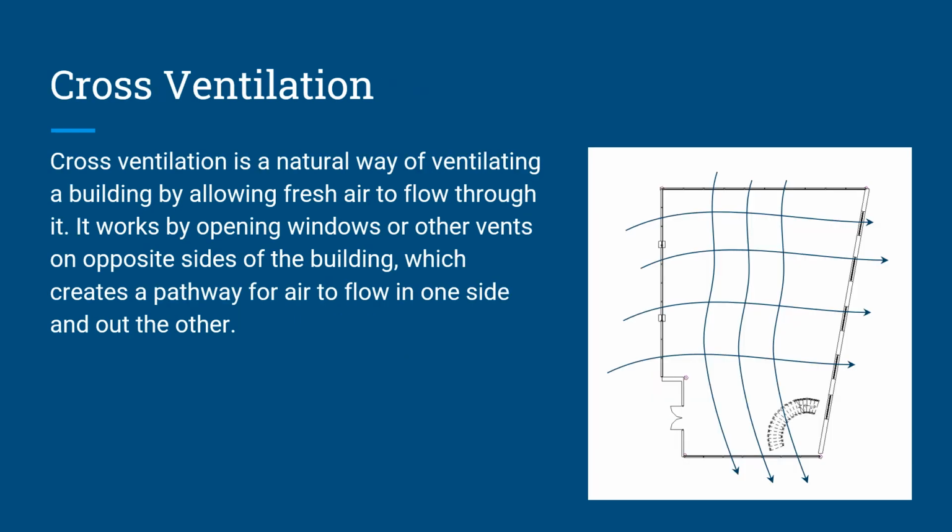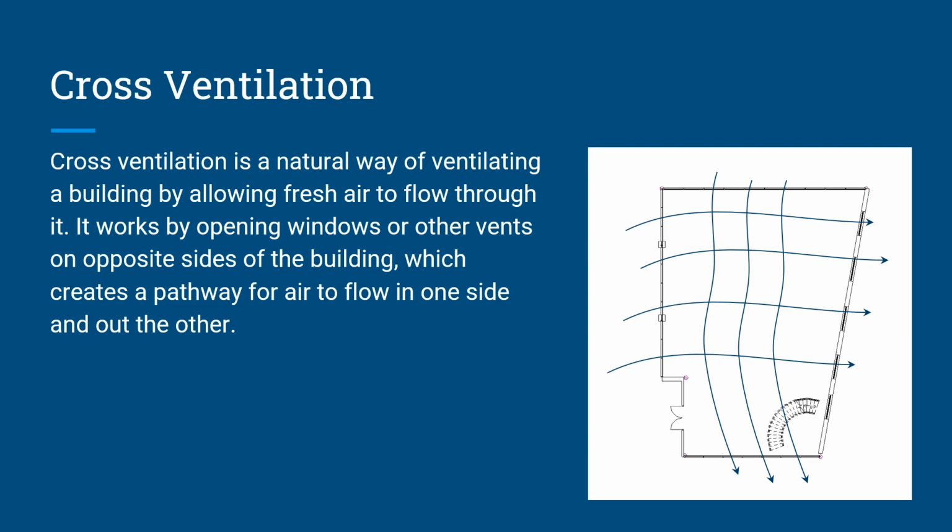To add on to better the EUI mean, I've come up with four different implementations. My first one is cross ventilation. Cross ventilation is a natural way of ventilating a building by allowing fresh air to flow through it.